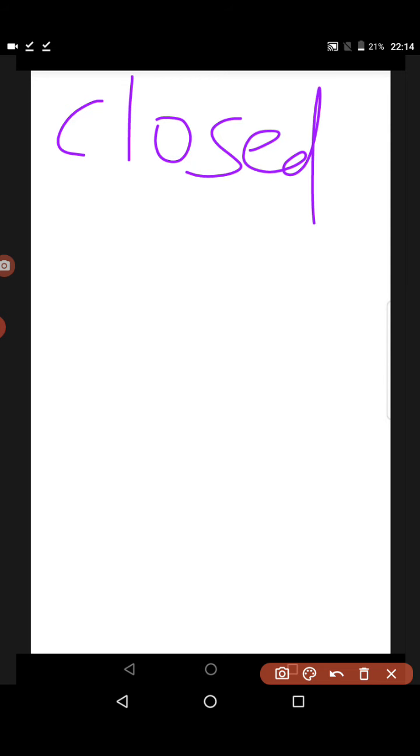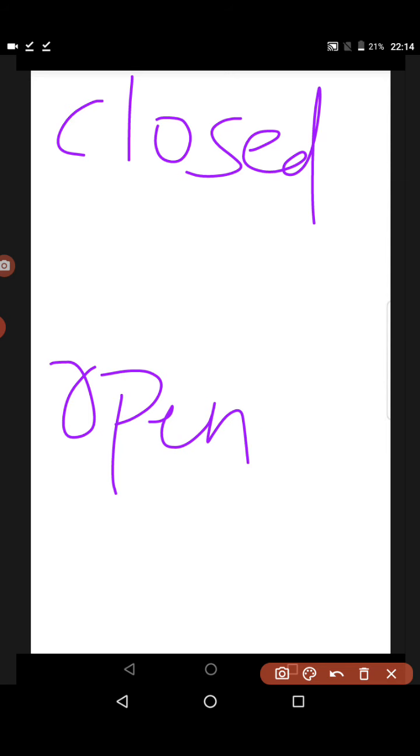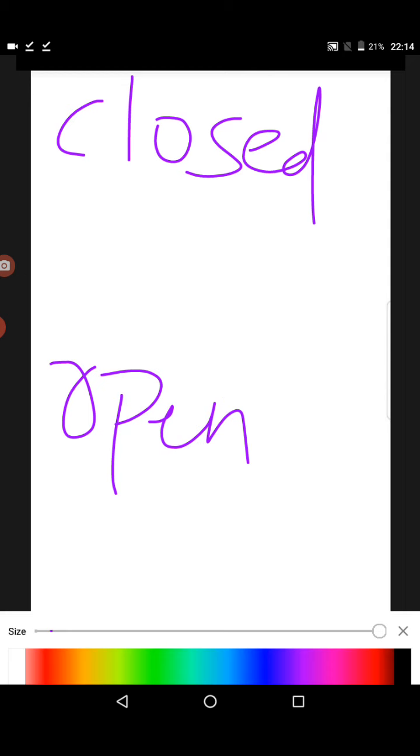Next, we will be learning about closed figures and open figures. Very easy topics, right? But one more thing we will learn with this. Open figures, we all know, are very easy. If I put an L also, it's an open figure. This O, if I write it like this, it's open.